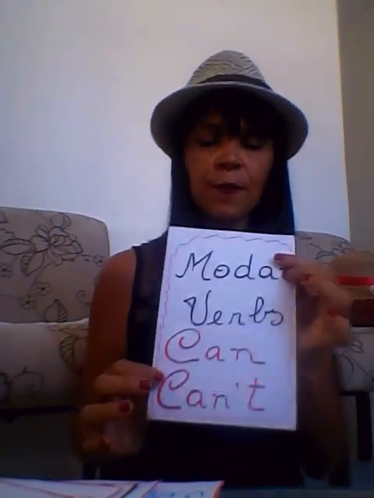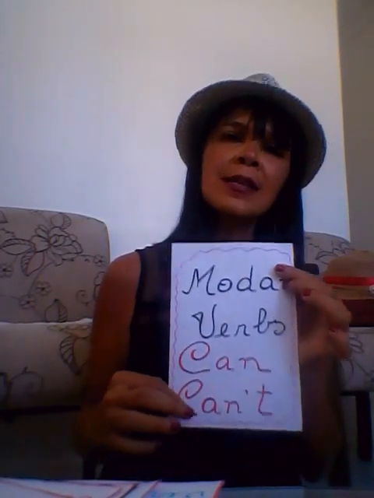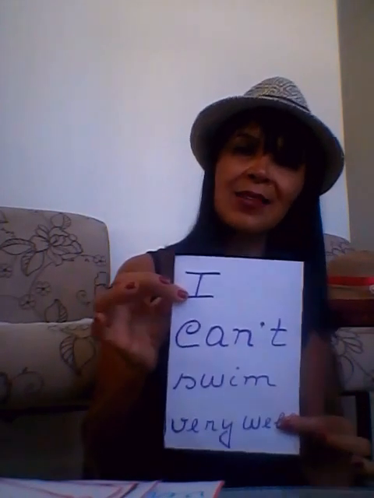Can for affirmative, and can't, that is cannot, for negative sentences, negative ideas. Talking about capacities or competence, or abilities that people don't have. So, talking about swimming, I can't swim well. Nádia, what about playing soccer? I can't play soccer well. What about playing the piano? I can play the piano, but not very well.